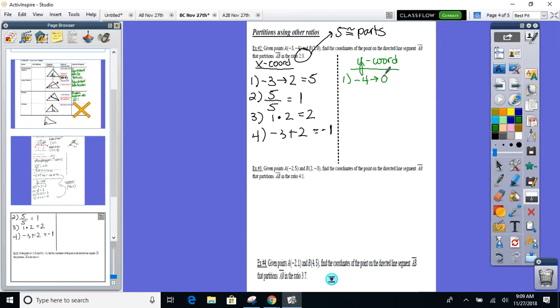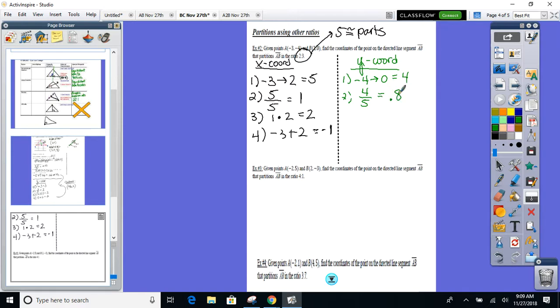Okay, sorry about this one. How many total units am I traveling? 4 units, sorry. Because you got to take that 4 and divide it by 5 that I'm cutting it up equally into. So I'm actually going to go 0.8 units every time, yep.